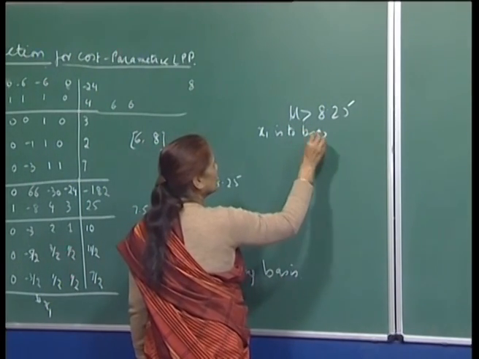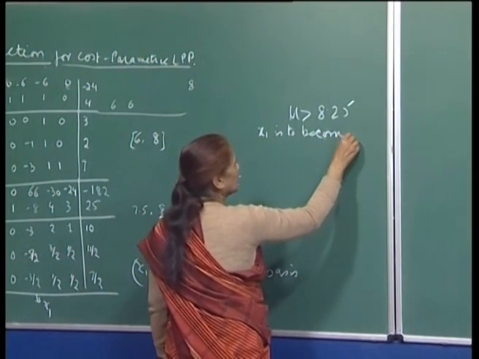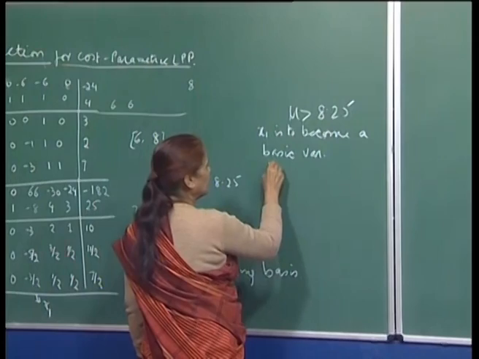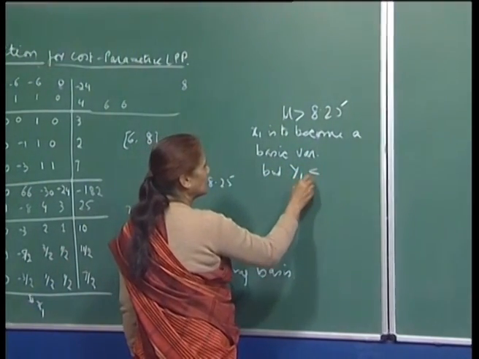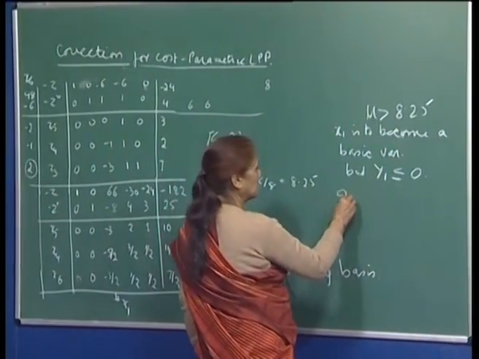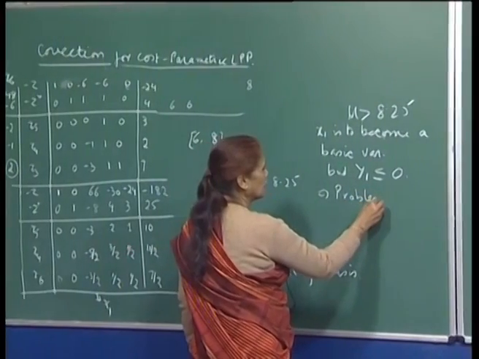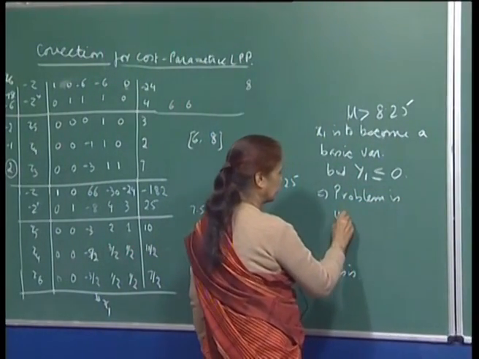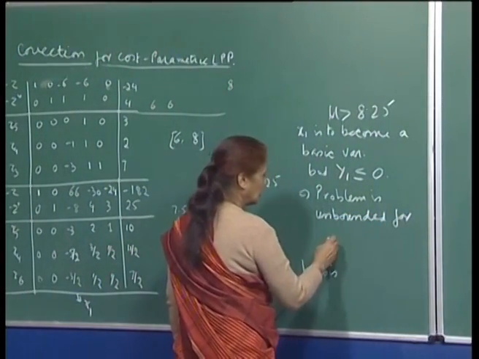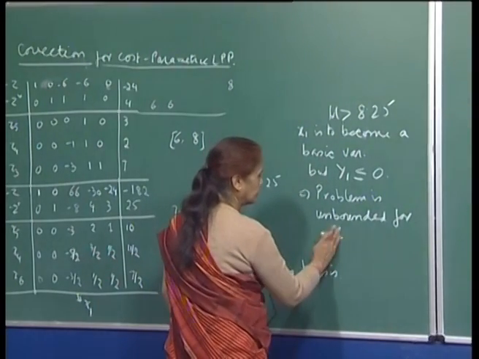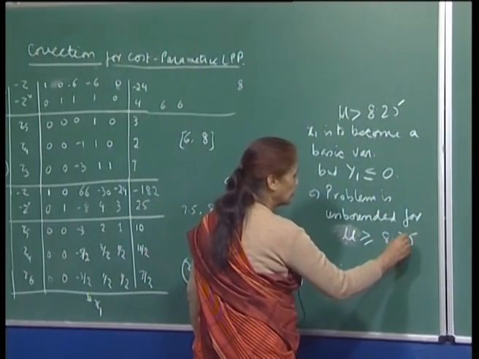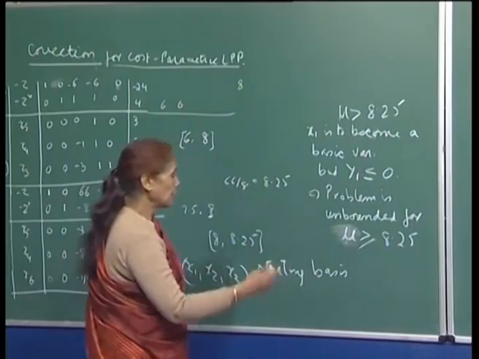But y1 is all less than or equal to 0. In fact, it is all less than 0. So this implies the problem is unbounded for mu greater than 8.25, because it has to be an open interval.